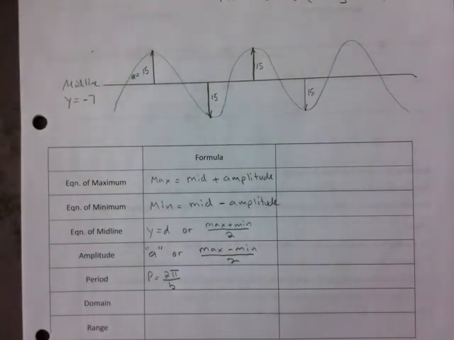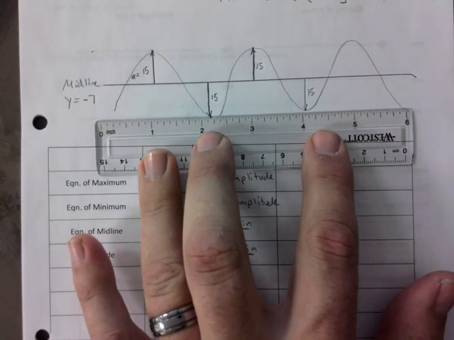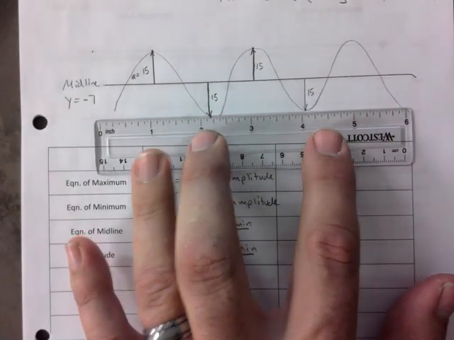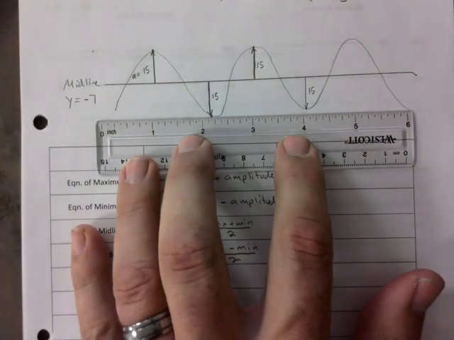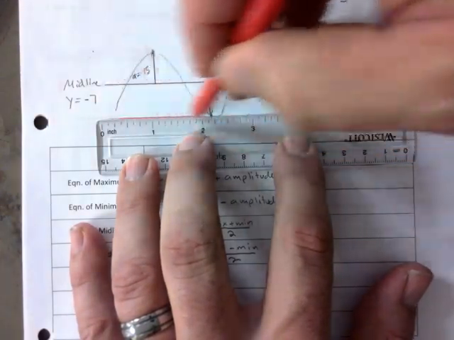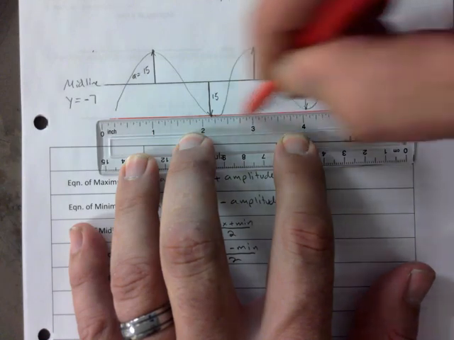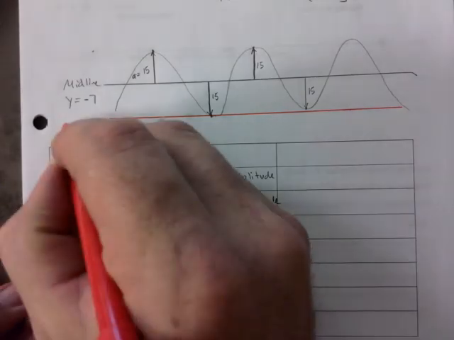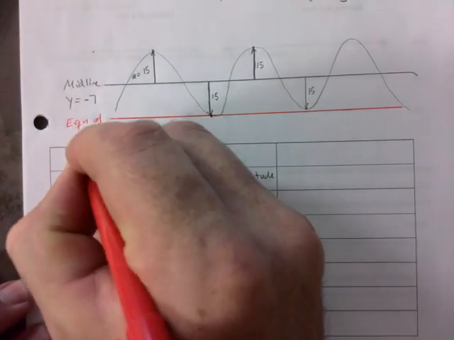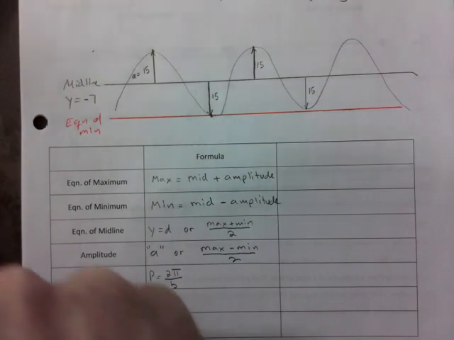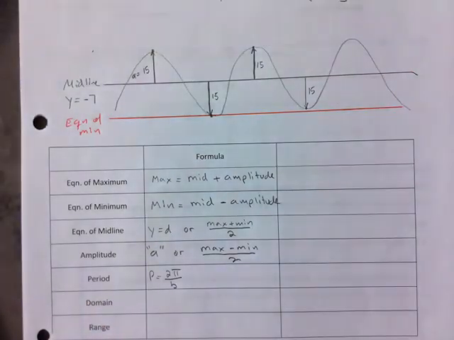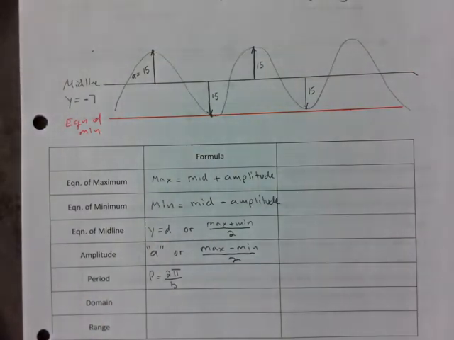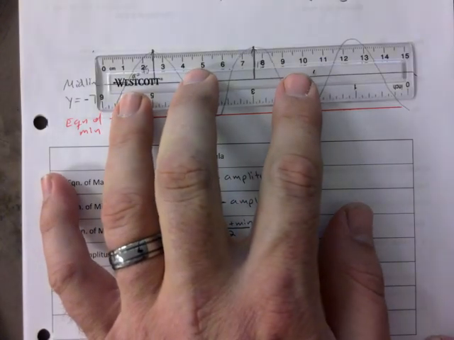And I'm going to use a different color. I'm going to use a red pen. The minimum goes along the bottom of this thing. And here we're going to have to do some adjustments if it doesn't touch it every single time. This is what we call the equation of the min. And the top, where's my blue pen? Did I drop that? Oh, yeah, I dropped it. The top is the equation of the max. So you go up top.